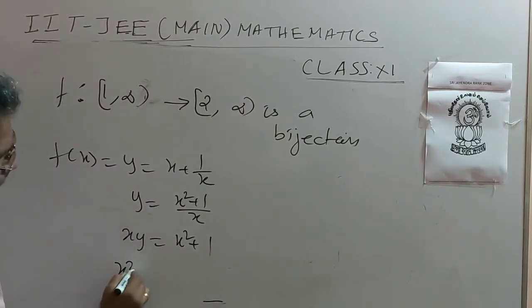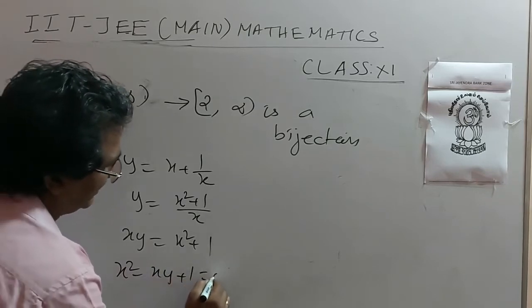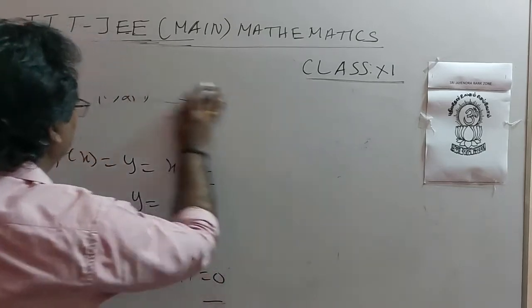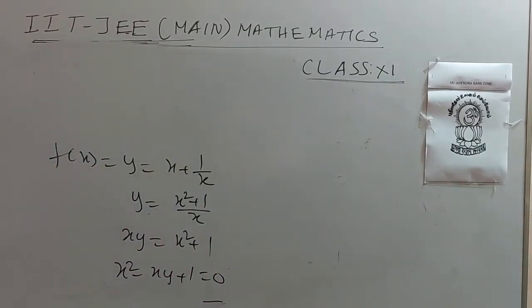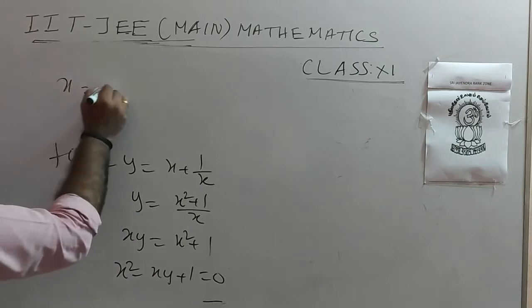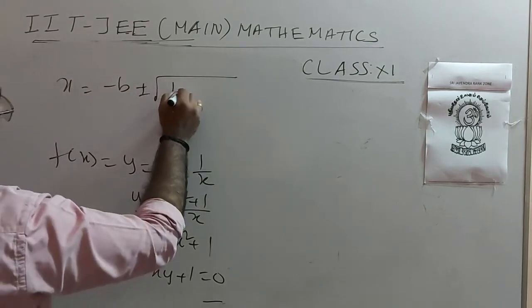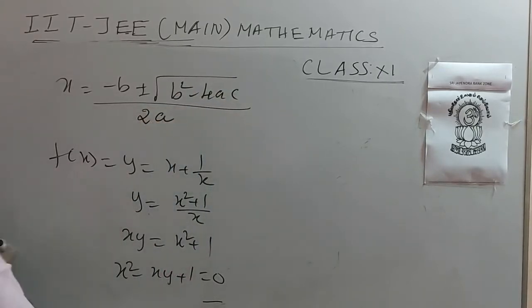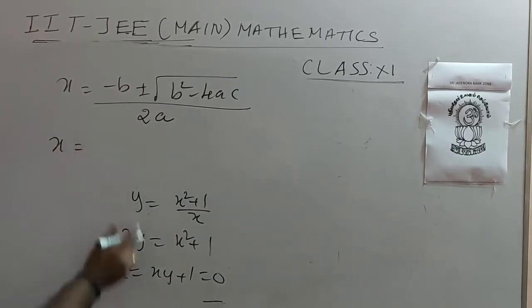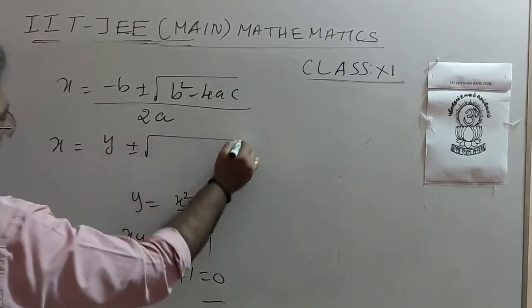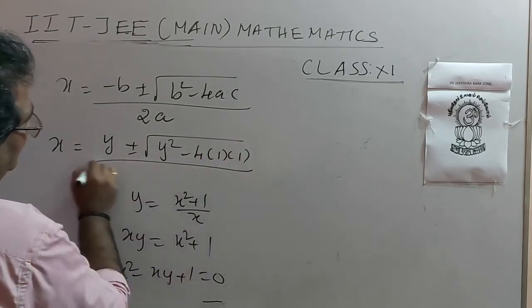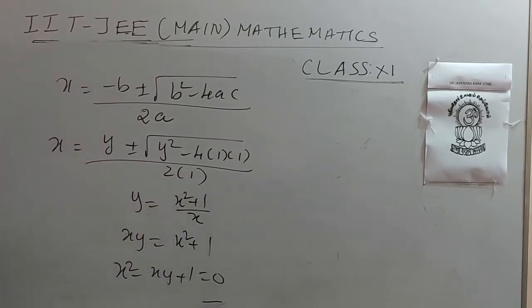Then x squared minus xy plus 1 equals 0. Using x equals minus b plus or minus root of b squared minus 4ac by 2a, minus b is plus y, and b squared minus 4ac is y squared minus 4 into 1 into 1, by 2 into 1.